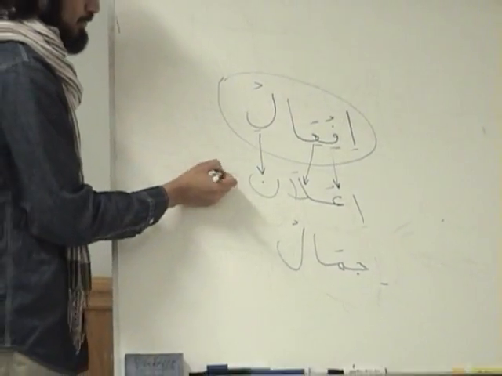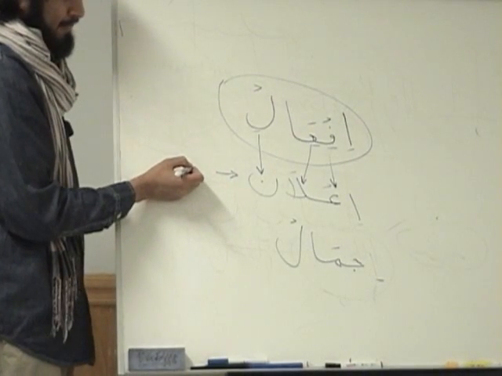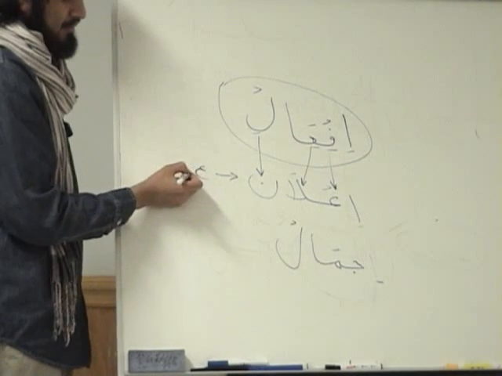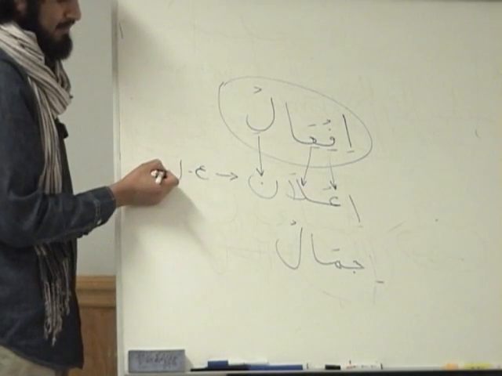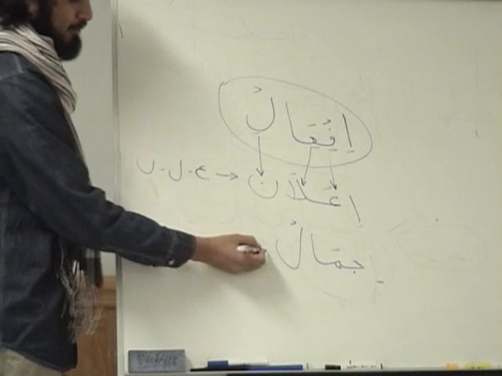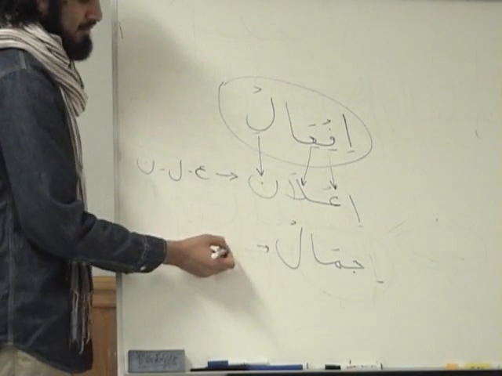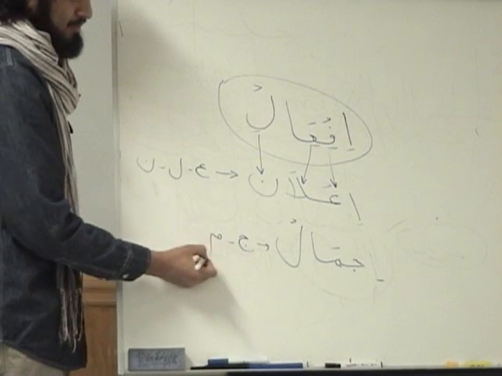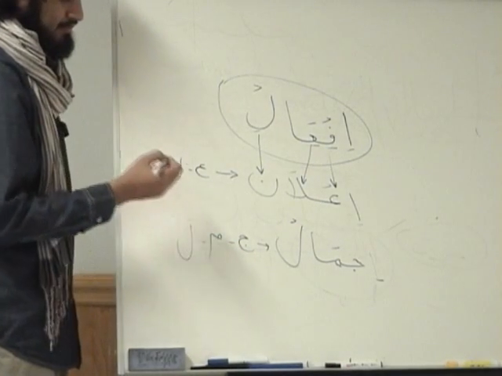So here you know the root word is what? Jim, mim, lam. How about here? Ain, lam, mim.